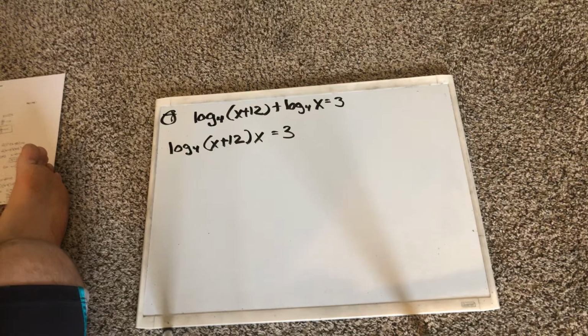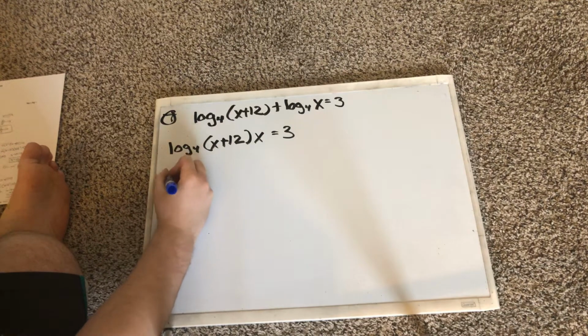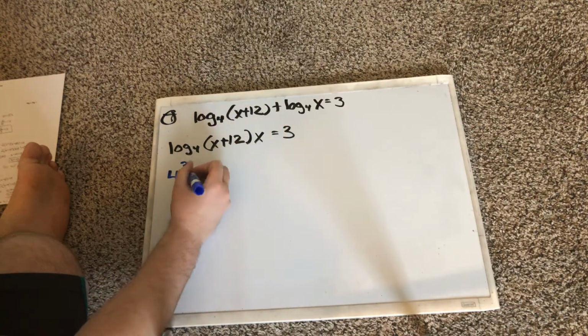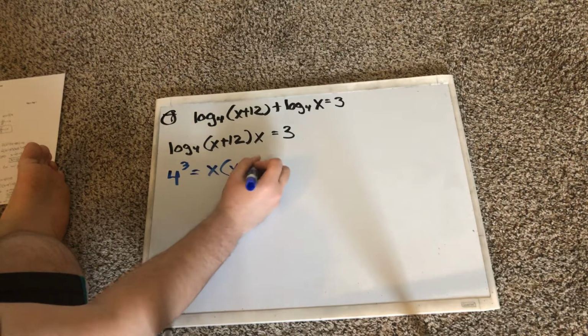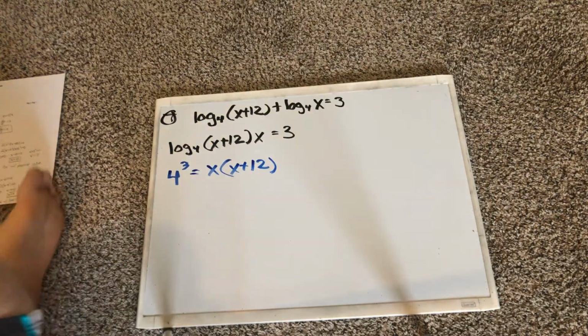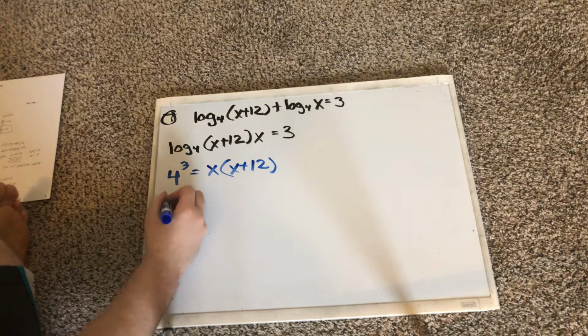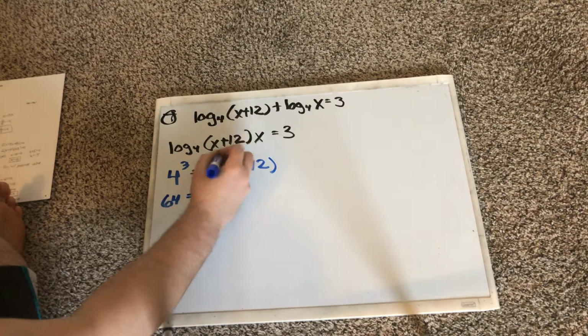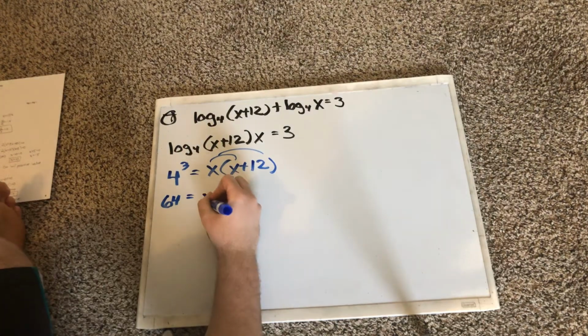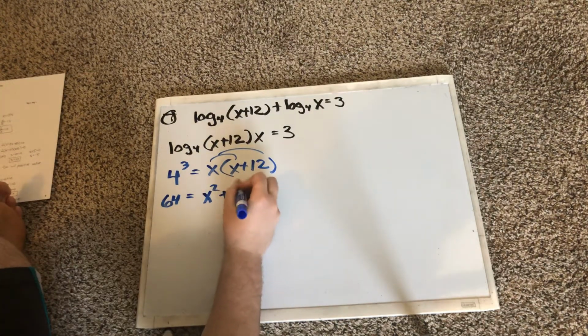Going to change into exponential form. So 4 is my base. So 4 raised to the third power equals, this is really x times x plus 12. 4 to the third, 64.